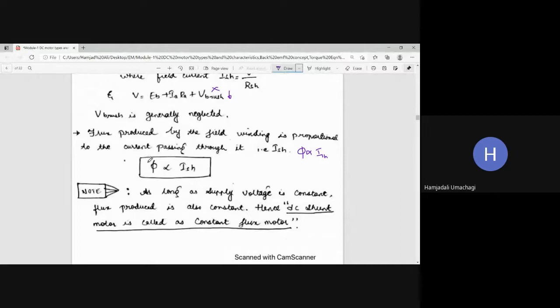But usually for the DC shunt motor, we maintain constant voltage. If we maintain constant voltage, then Ish will be constant, and since Ish is constant, we can say that flux is constant. So the characteristic of the DC shunt motor is that it is called a constant flux motor. This is very important. This is the important feature of the DC shunt motor.